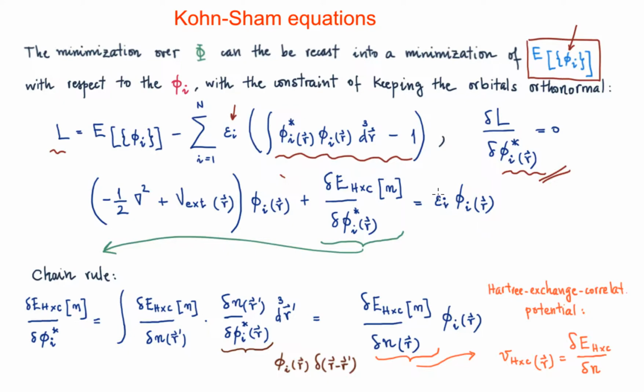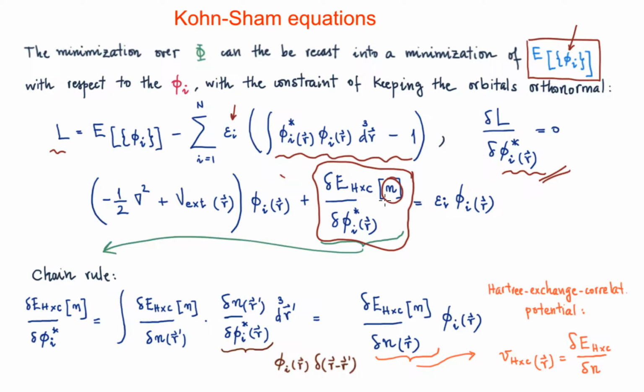But before doing that, we are going to work more on these functional derivatives here, because here we have the functional derivative of this Hartree exchange correlation energy functional with respect to Ci complex conjugate, but this functional depends on the density, and we are doing the functional derivative not with respect to the density, but with respect to the Ci complex conjugate.